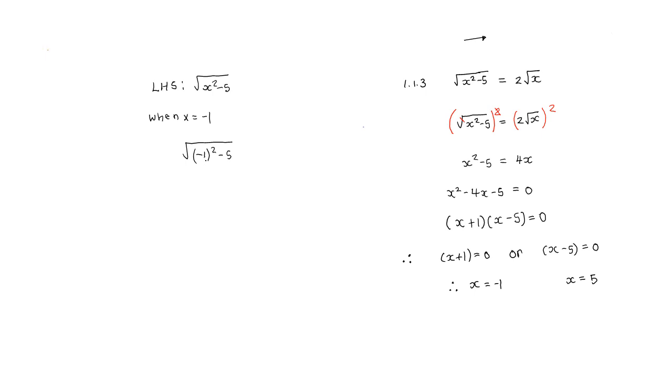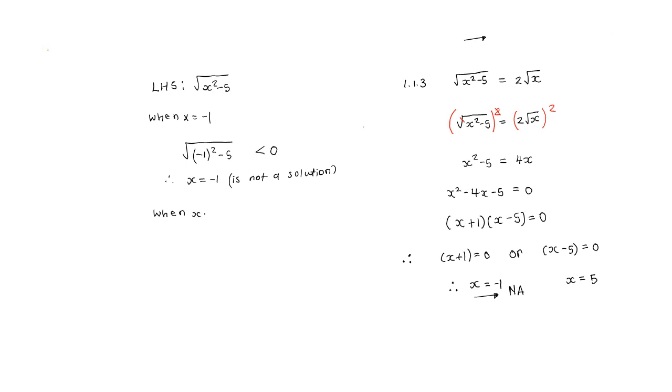A positive 1 minus 5 will give us a negative 4 underneath this, so this is going to be less than 0. So, therefore, x equals minus 1 is not a solution. We can just put an NA over there, so not applicable.